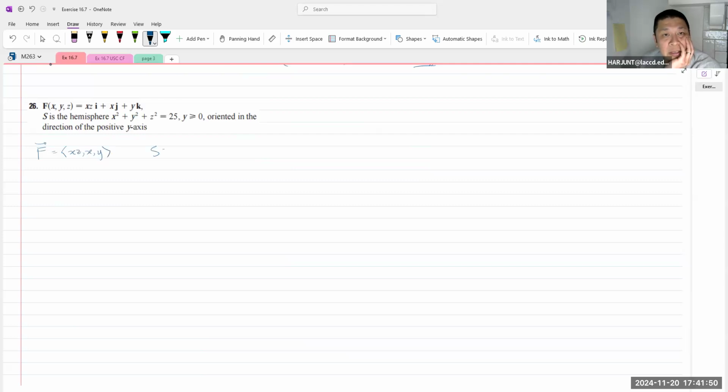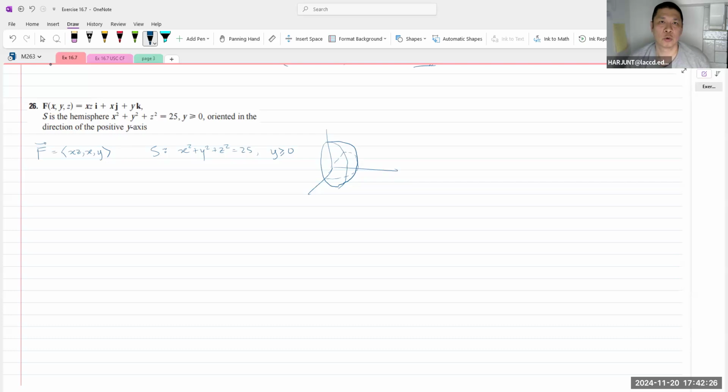The surface is the hemisphere x squared plus y squared plus z squared equals 25, with y positive. So it is a hemisphere facing to the right. Okay, and the direction is the positive y-axis.